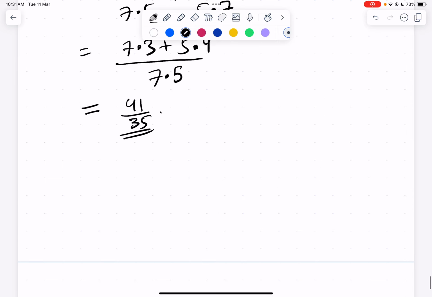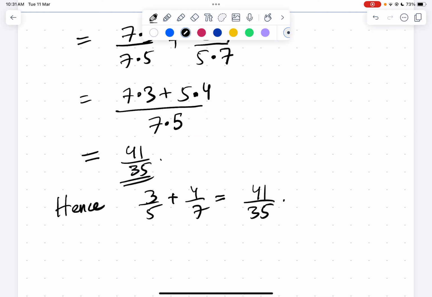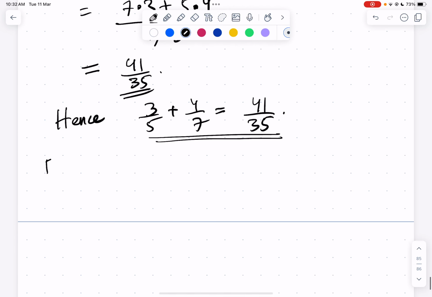Hence 3 by 5 plus 4 by 7 equals 41 by 35. Right? So this is one example. Another example.